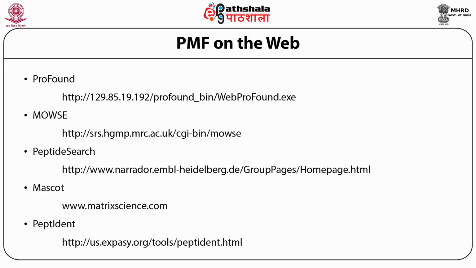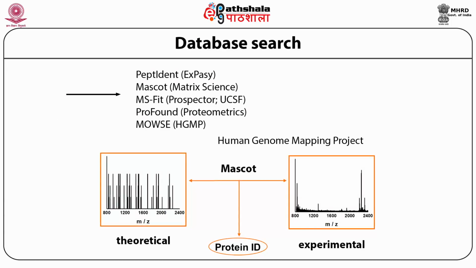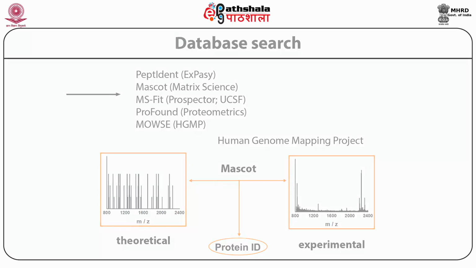Mascot is one of the widely utilized databases available on the net for peptide mass fingerprinting. This slide shows the comparison between the theoretical mass and the experimental mass which came from the experiment. The theoretical mass comes from bioinformatic tools, while experimental data can be compared with theoretical mass.